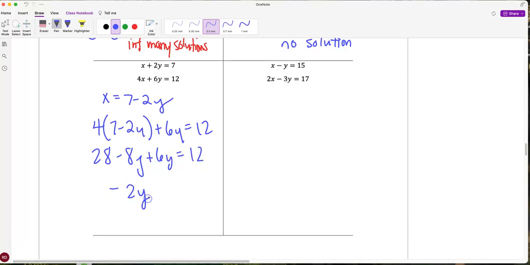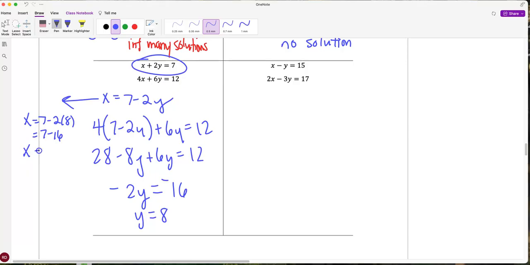Negative 2y equals negative 16. So y is equal to 8. If y is 8, or just go back to this one, if y is 8, x equals 7 minus 2 times 8, 7 minus 16. So x is equal to negative 9.